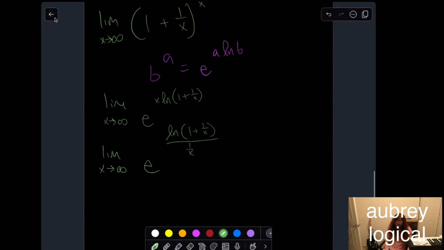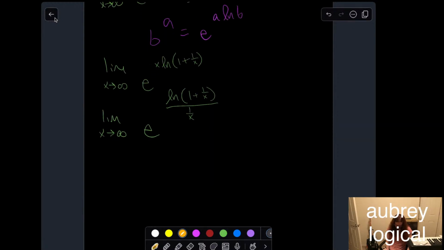We have e to that, and now we can do L'Hopital on this expression, which is going to give us 1 over 1 plus 1 over x times negative 1 over x squared, over the derivative of 1 over x, which is negative 1 over x squared.